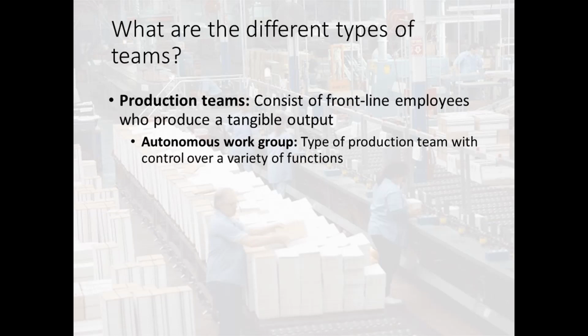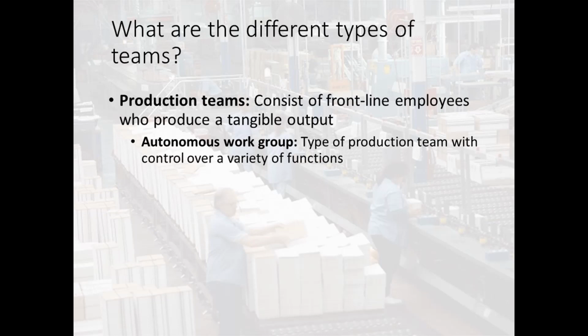Some assembly lines, for example, depending on how the work is structured. Today, we even have what are called autonomous work groups, which are really production teams that create a tangible product on their own and independently from other teams.